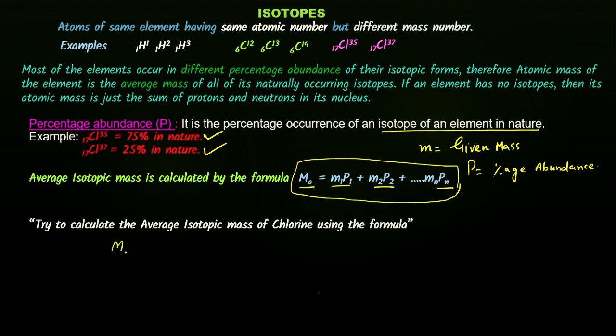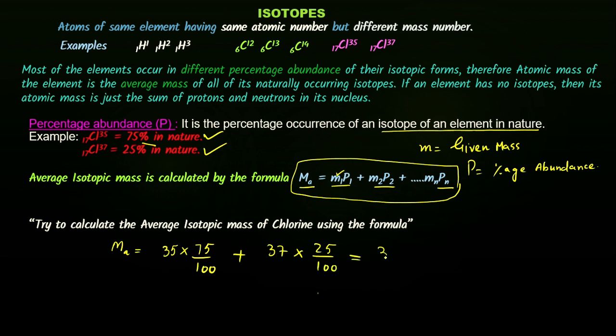The average mass of a chlorine atom will be calculated as the mass of the first isotope, that is 35, multiplied by its percentage abundance, that is 75%, plus the mass of the second isotope, that is 37, multiplied by its percentage abundance, that is 25 by 100, that's 25%.